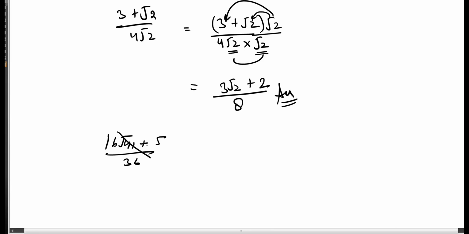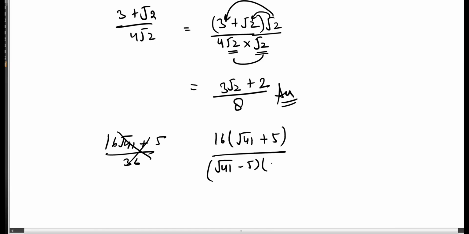That is 16, and when you multiply by root 41 plus 5, then in the denominator you have root 41 minus 5, and then root 41 plus 5. Now you get 41 and 25. What you get? 36. In the denominator you get 36.